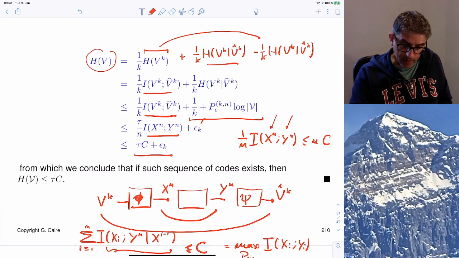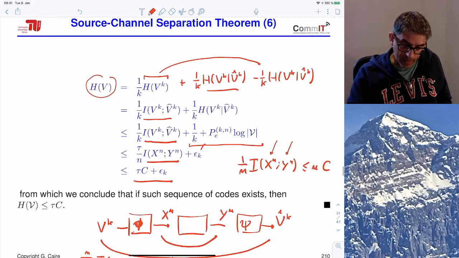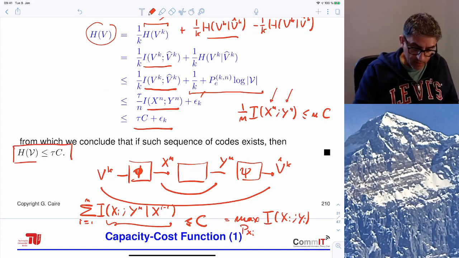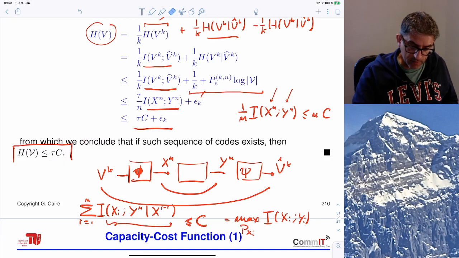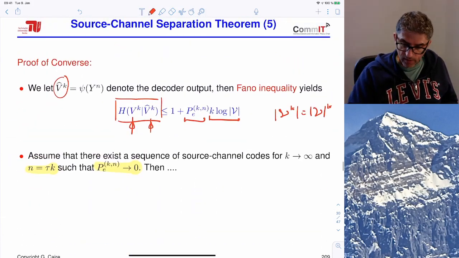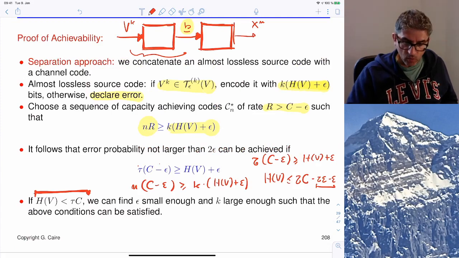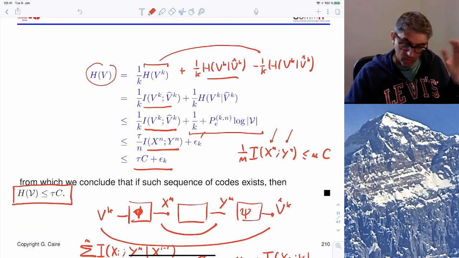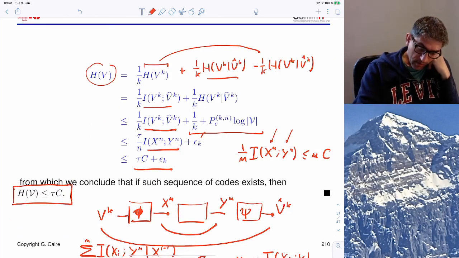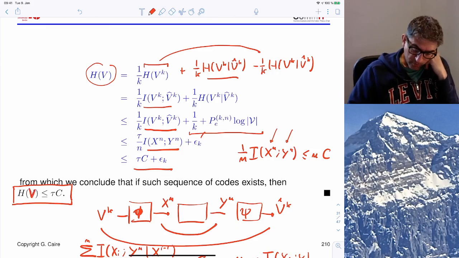So we end up with saying that if such a code exists, then H(V) must be less or equal than tau C plus a vanishing quantity, which concludes that H(V) must be less or equal than tau C. So altogether, this gives us the transmissibility condition, and we have proven that for H(V) less than tau C, we can construct separation codes for which the source is transmissible, and for whatever code we can imagine, the condition H(V) less or equal than tau C is necessary. Okay, so this concludes the proof.